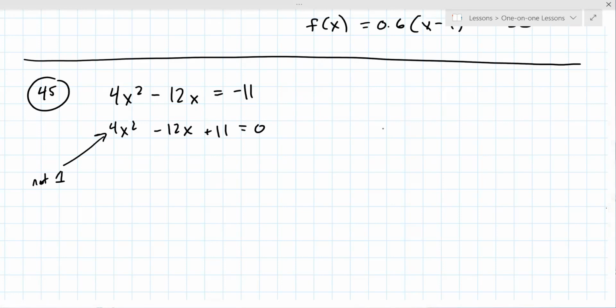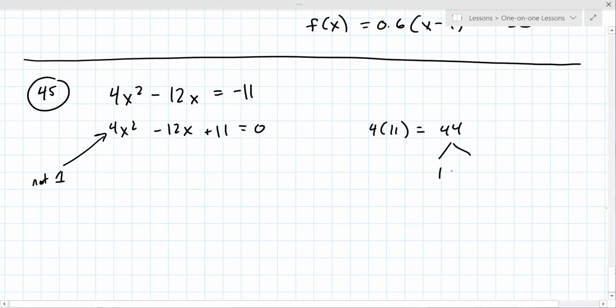So the technique is to multiply the 4 and the 11 to get 44, and then you're trying to find factors of that add up to negative 12. For example, 1 and 44, 2 and 22, 4 and 11. I think that's it. So none of these add up to that.